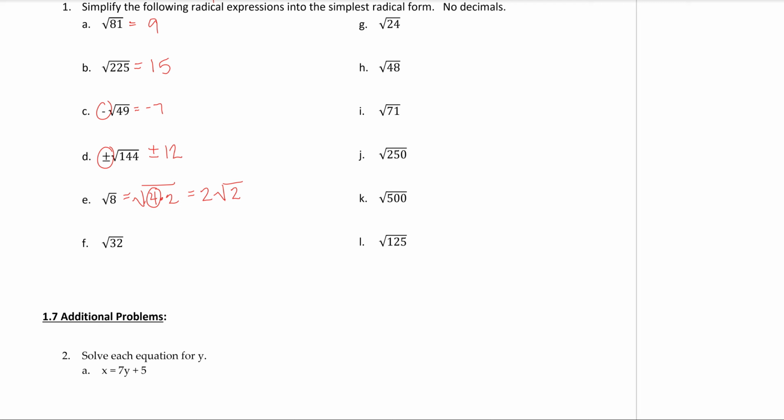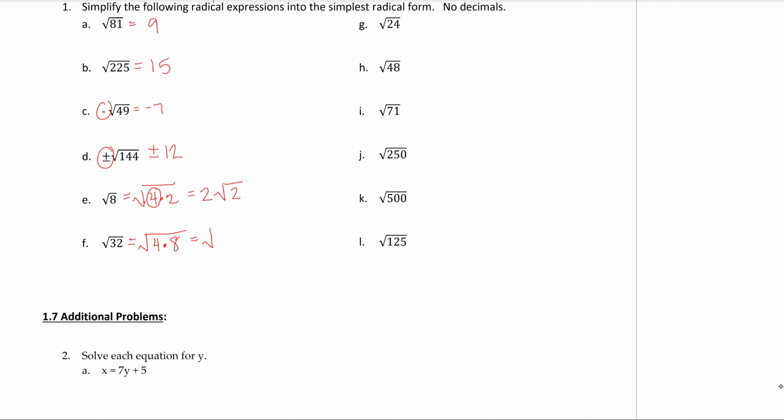Again, I plug square root of 32 into my calculator, I get a decimal, so I know I'm going to have to reduce it. And again, I'm looking for the smallest thing that I can reduce it to. So I know the square root of 32 is the same as saying 4 times 8. Well, if I notice from my previous problem, I know I'm going to also have to break down that 8.